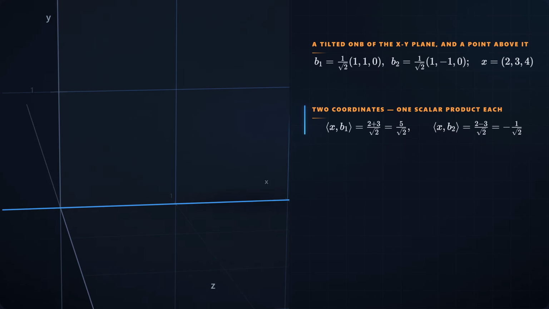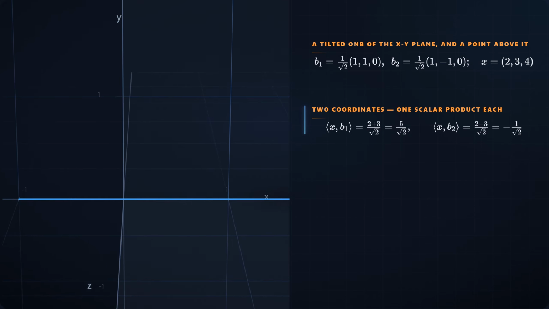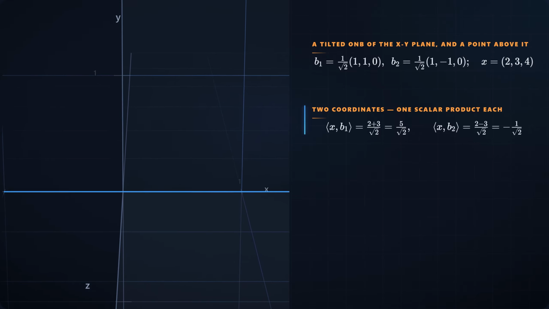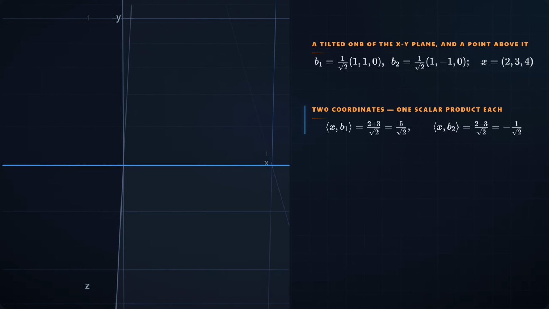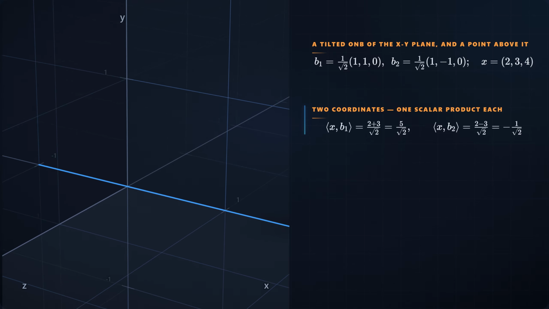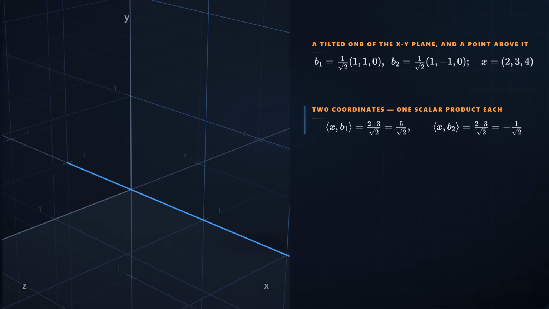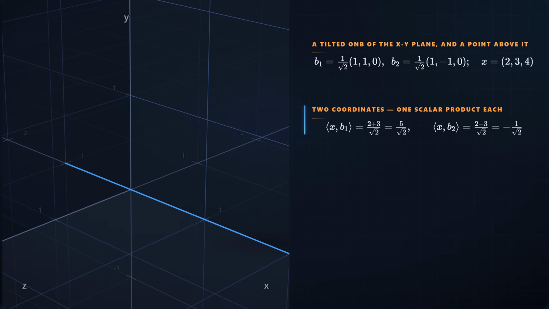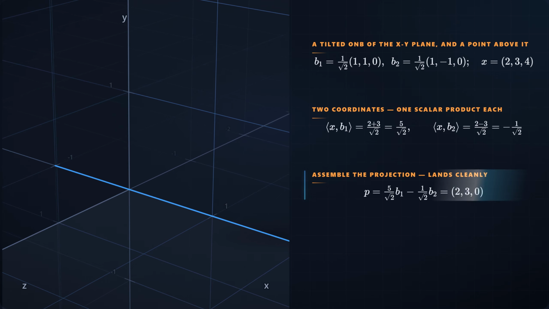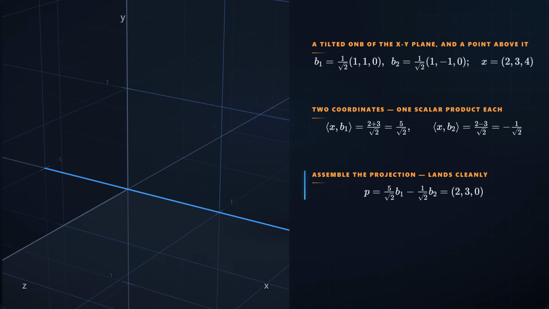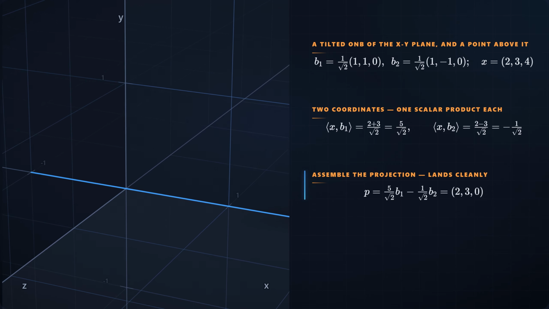So, two coordinates, each a single scalar product. X dotted with b1 is 5 over root 2. X dotted with b2 is minus 1 over root 2. And then I just stack those two pieces to build P. Assemble it. 5 over root 2 times b1 minus 1 over root 2 times b2. The root 2's cancel against the 1's in the basis, and it lands exactly on (2, 3, 0).